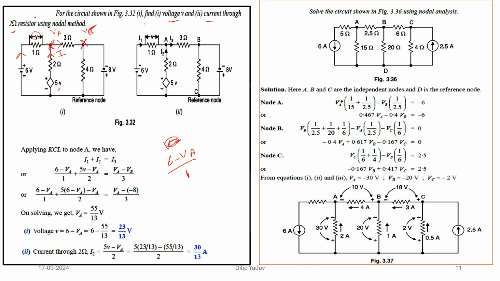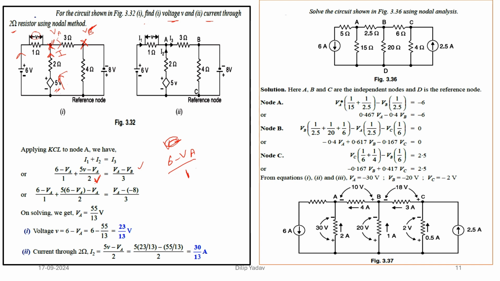Then we have VA. If I take this direction, that means it is going upward, so it will be 5V minus VA divided by 2. This one, 5, we are starting at this point. 5V minus VA divided by 2 will be equal to the current I3, that is simple, VA minus VB by 3.